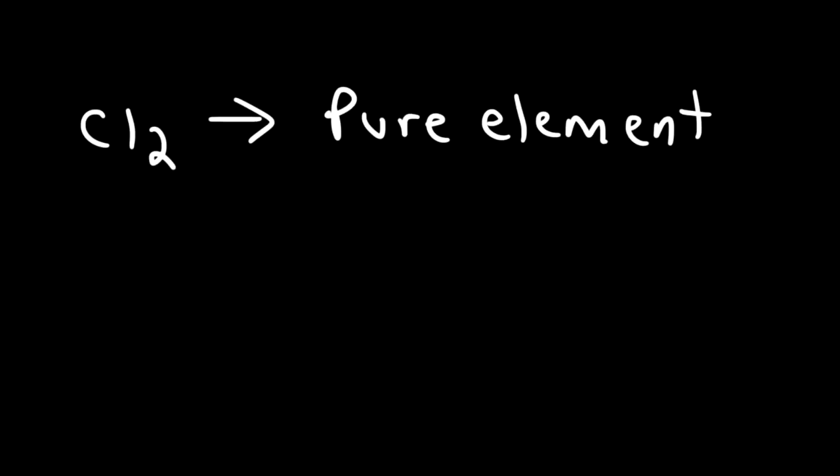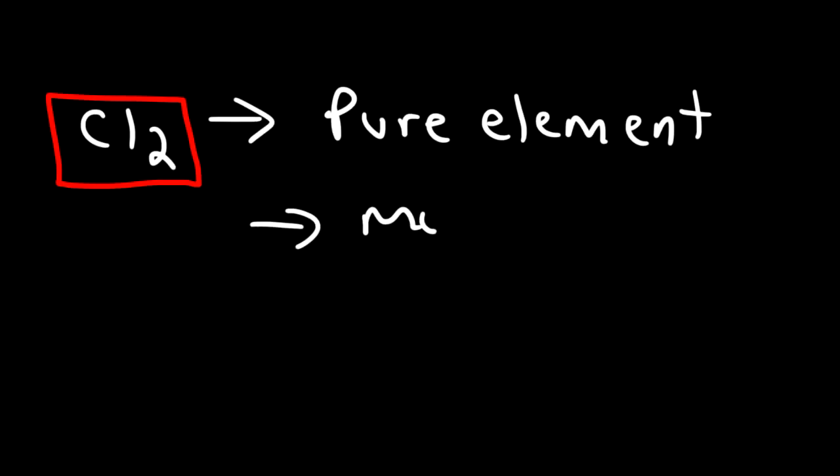If it's one type of atom, like what we see here, then it's a pure element. But if it's made up of different types of atoms, it's a compound. So this is a molecule. As long as you have basically one unit or one particle that consists of two or more atoms, whether those atoms be of the same type or of a different type, it's a molecule.